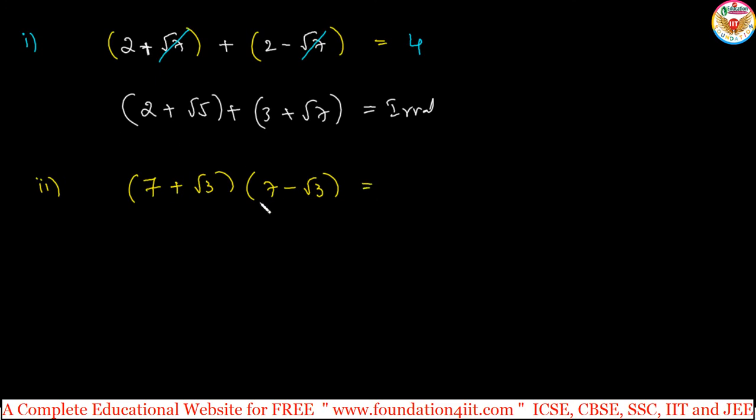But if you multiply both, a square minus b square formula, 7 square minus root 3 square, so 49 minus 3, so we'll get 46. This is a rational number. So one thing we can conclude, the sum, the difference, product and quotient of two irrational numbers need not be irrational, because these are separate cases we need to remember.